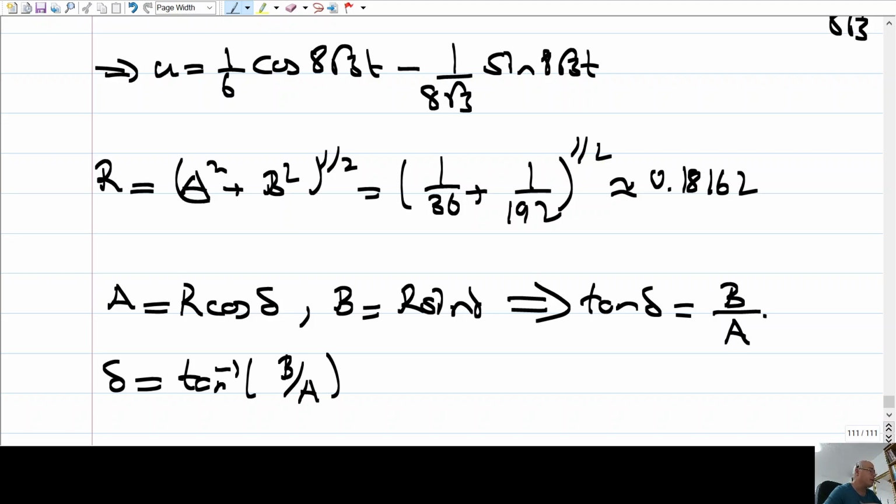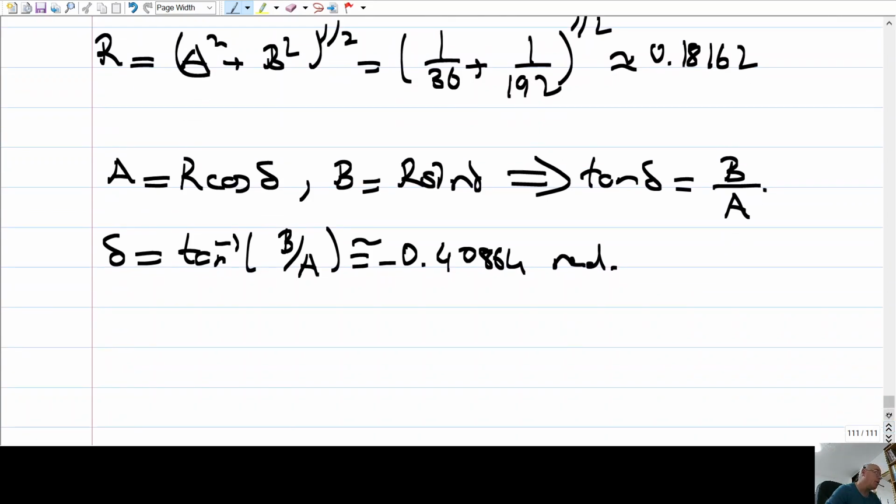And that is approximately minus 0.40864 radian. And the solution is something like this.